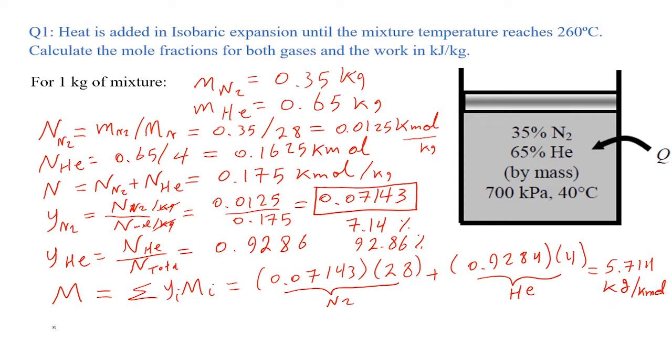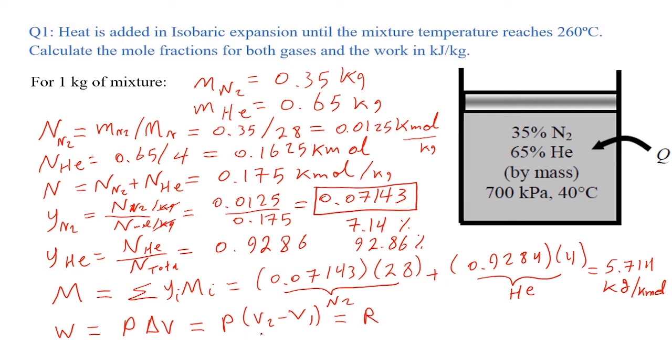Now we can calculate the work done. So the work is, in this case, isobaric compression. So it will be P delta V, since the pressure is constant. And since we are using ideal gases, we can use the ideal gas equation here.